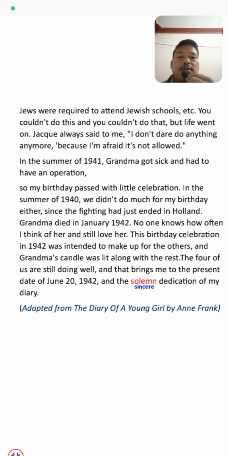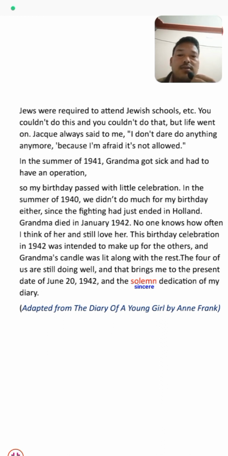The four of us are still doing well, the four family members of hers. And that brings me to the present, to that day in June 1942, and the solemn dedication of my diary. It also shows the solemn declaration of her diary.